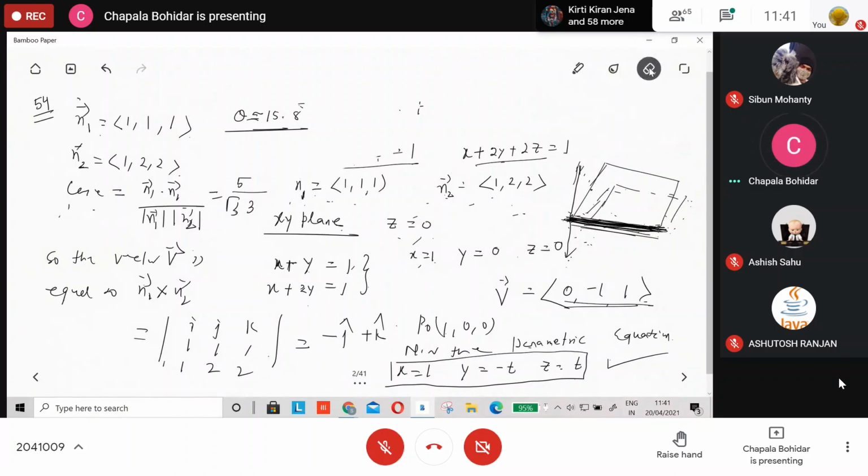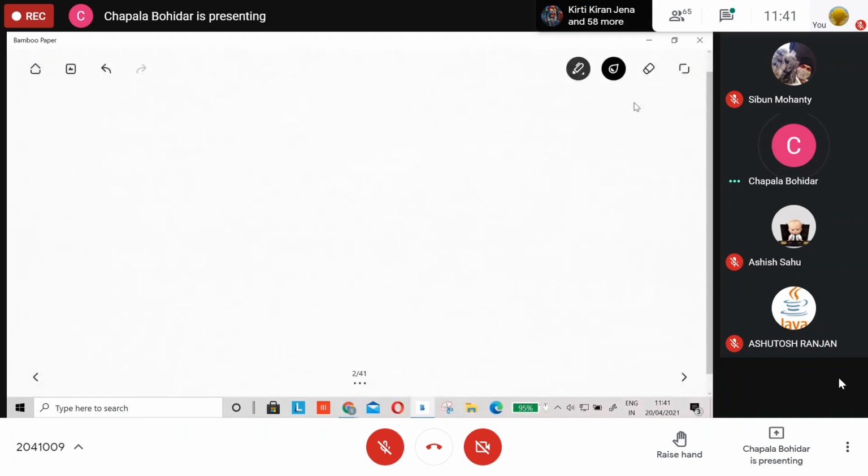Do it yourself. Find symmetric equations. The first one was given as a parametric equation. You know how to find the symmetric equation after getting the parametric equation.